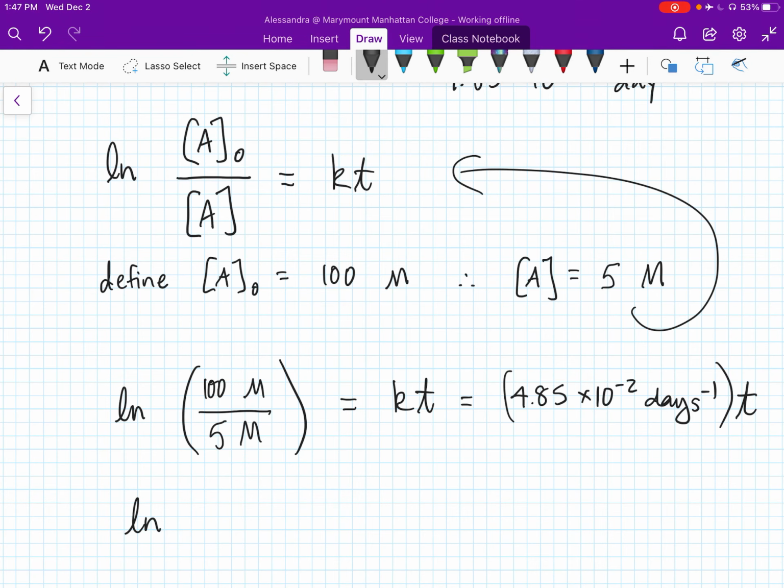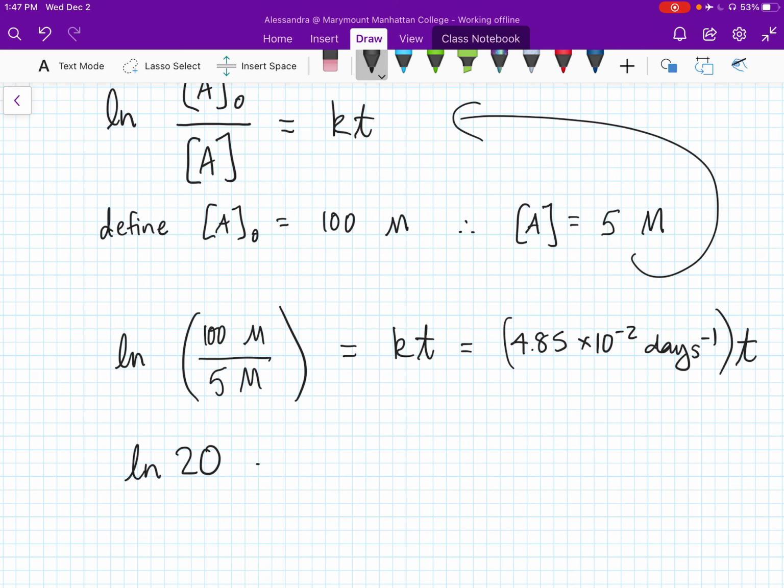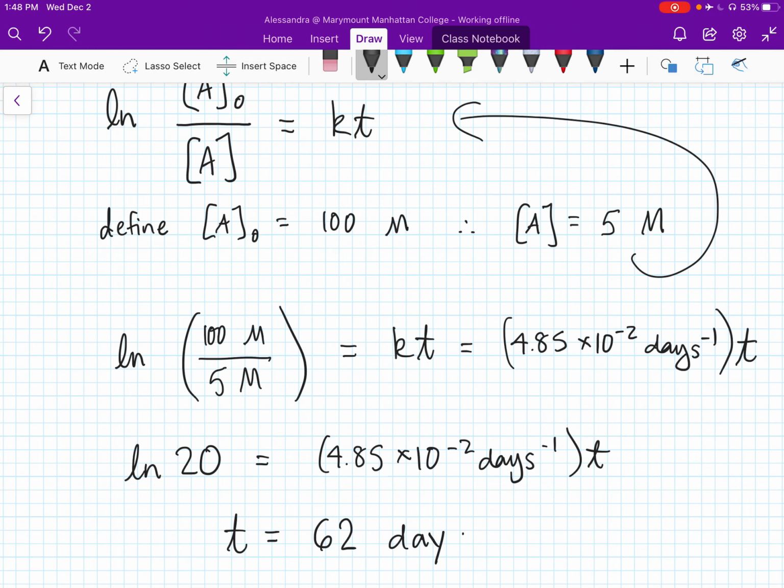So this simplifies to the natural log of 20 is equal to 4.85 times 10 to the minus 2 reciprocal days times T. Solving for T, I should get an answer that T is equal to 62 days.